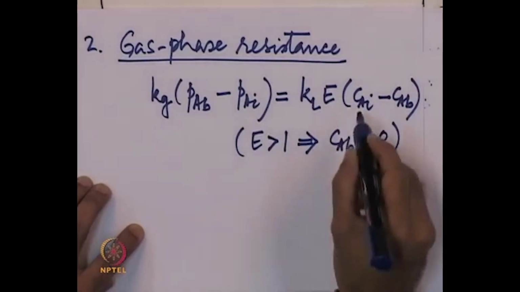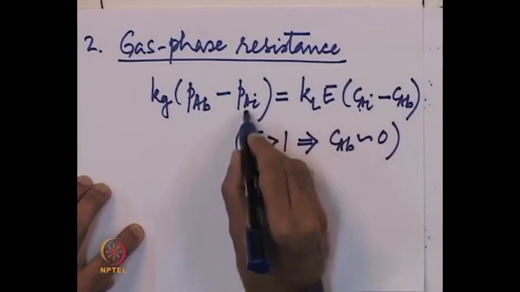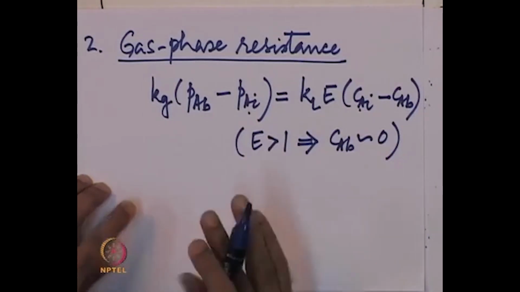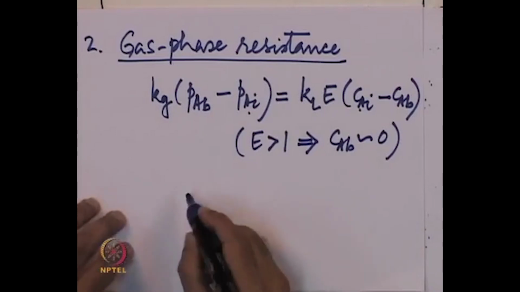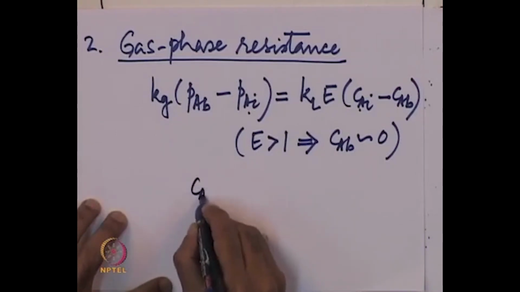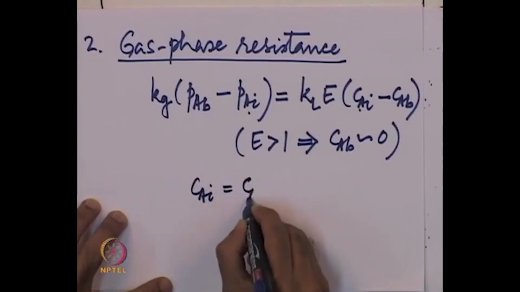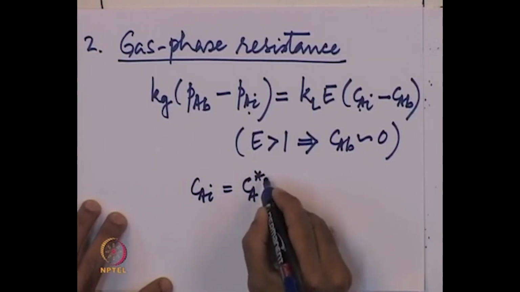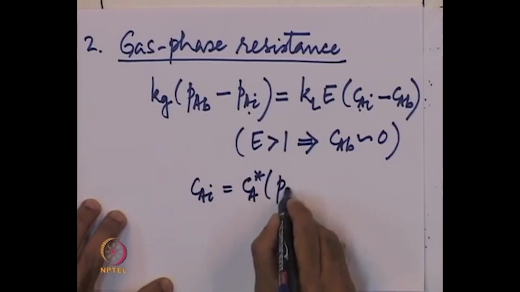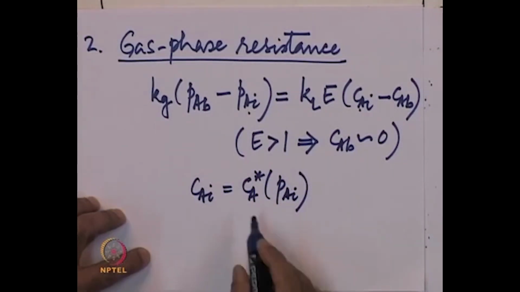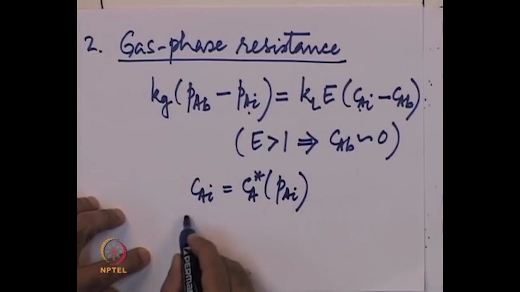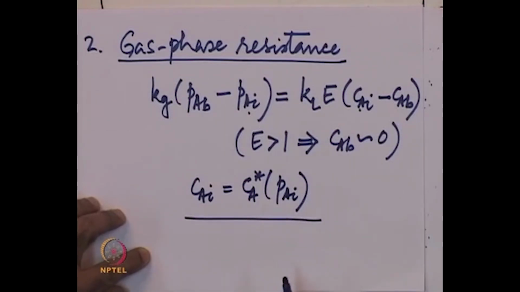And C_AI and P_AI are in equilibrium with each other, being the concentration and the partial pressure on the two sides of the interface, or we can write C_AI is the C_A star corresponding to P_AI, and this could be given by Henry's law or whatever, a suitable thermodynamic expression.